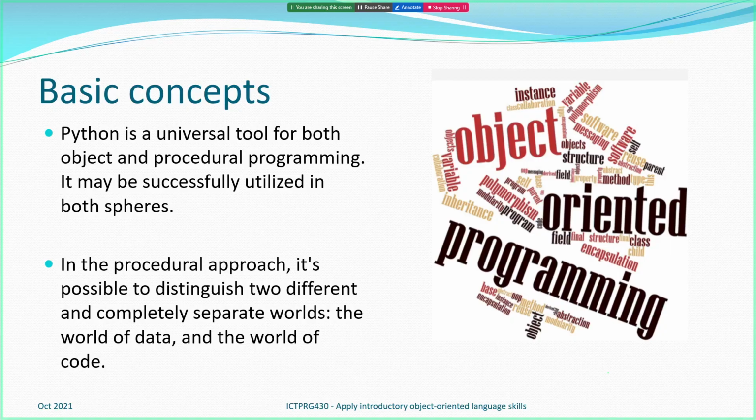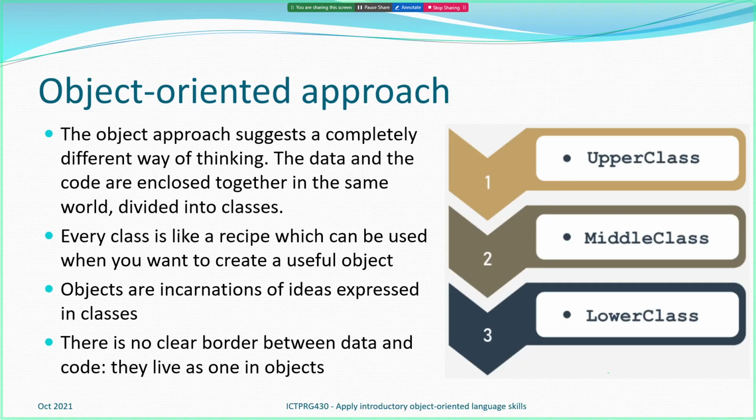There's a world of data and a world of code, so there are very different approaches to the way we handle these. With object-oriented programming, we want to change the way we think and the way we handle our code.